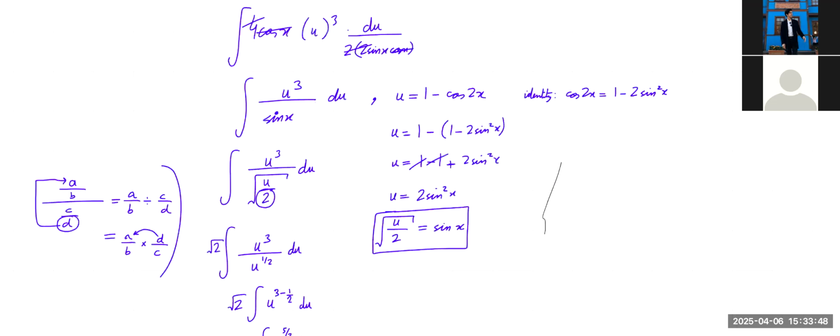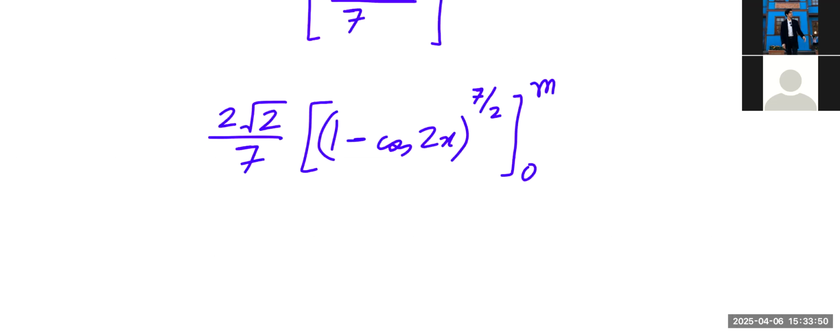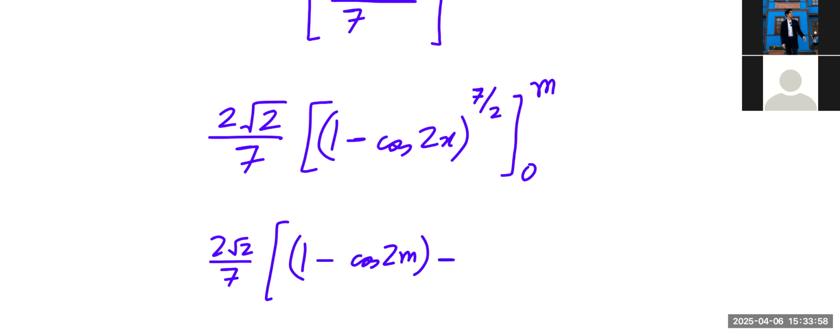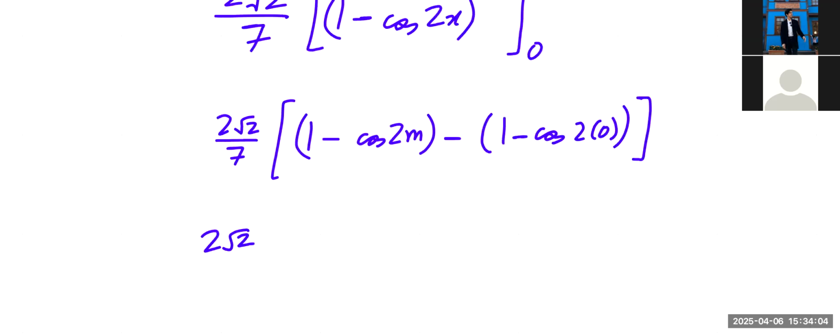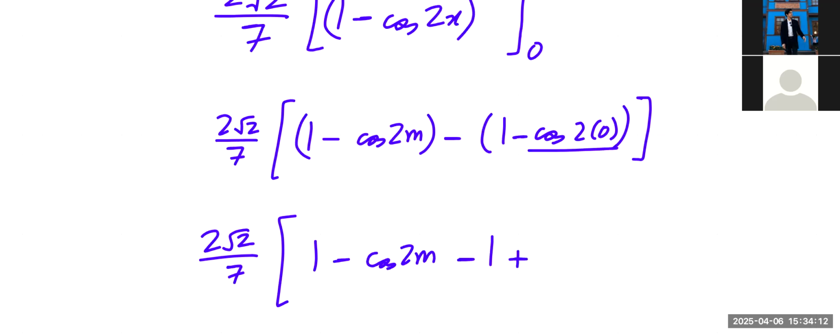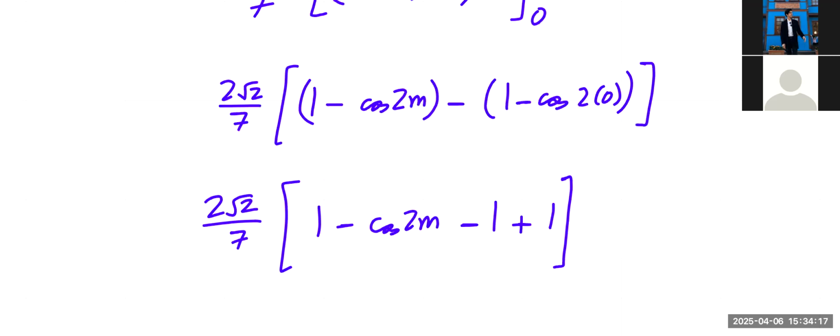So now let's plug in the boundaries. 1 minus cosine 2m, minus 1 minus cosine 2 times 0, which leaves me with 1 minus cosine 2m minus 1 plus cosine 0, which is just 1, right? The ones cancel out.